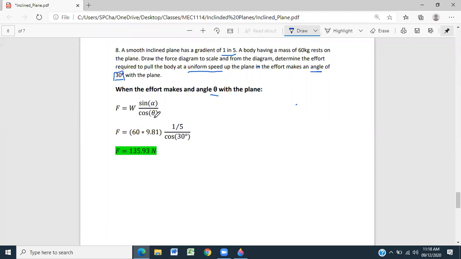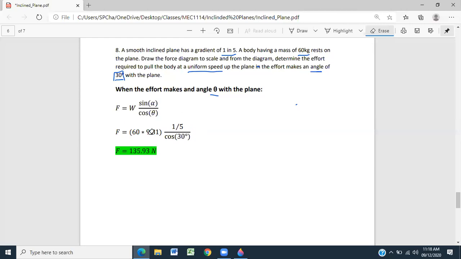And we know sine alpha as being the height over the length, which is 1/5. So replacing that here and here, and we know weight as being 60 kg times the gravitational constant. Plug all of this into our calculators and see what we get.